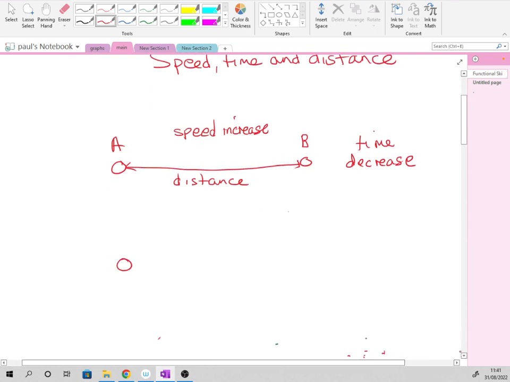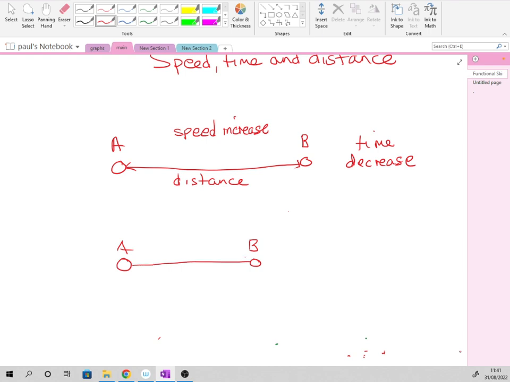Now, if we take another two towns, also called A and B, just by sheer coincidence, and this time the distance is less. If we travel at the same speed as we did for the first A to B, then because the distance is less, the time will be less.